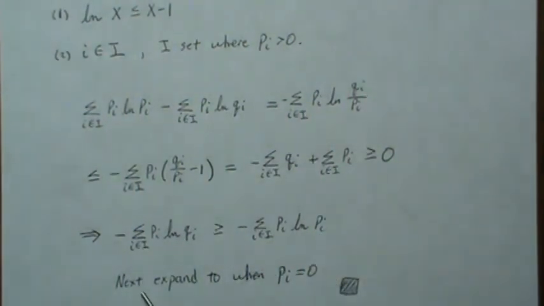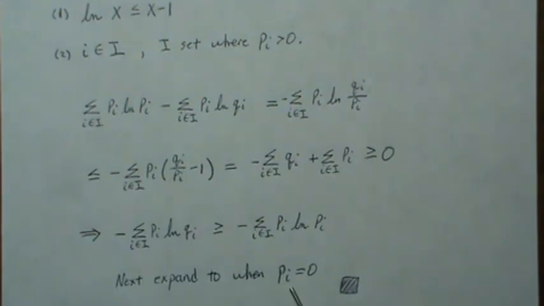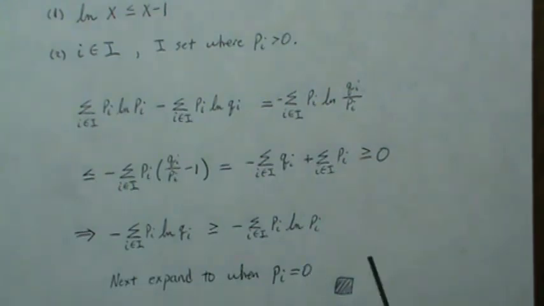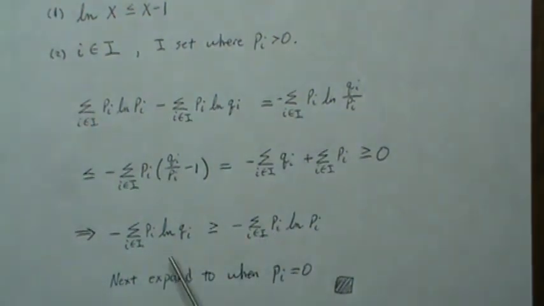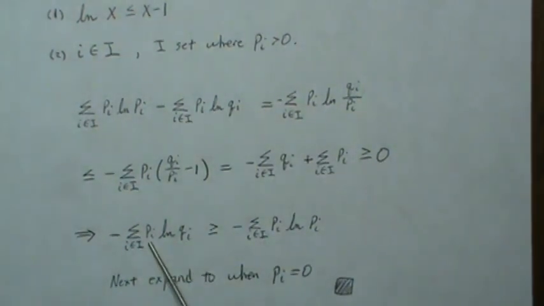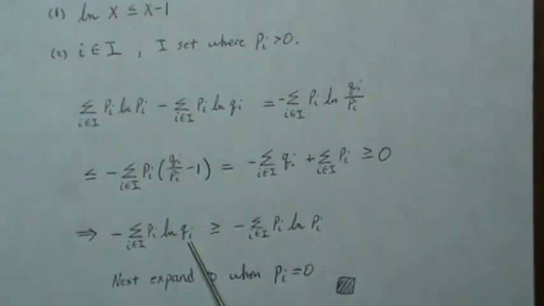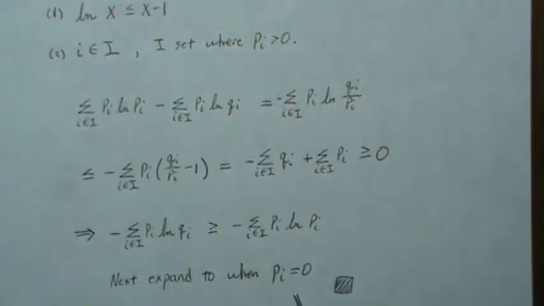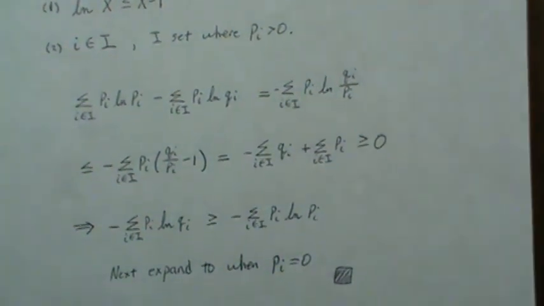And so expanding this to all values where p_i may be 0 is a little bit tricky. We're skipping that step, but essentially it's a definition. So here, anything times 0 is 0. And when you expand this to the i's that aren't in capital I, what they do is they just create a definition that you essentially call this 0, and then it's true. There's some technicalities in there, but we're going to wash over that.